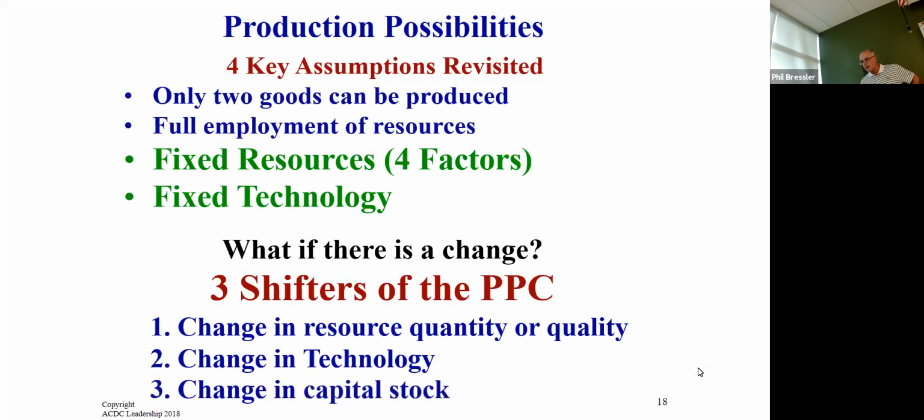Here's what I want. The three shifters of the production possibilities curve: change in resource quantity or quality. Now, humans are a resource, so if more people are going to college, we're changing the quality of the resource, and that's human capital. Change in technology. Change in capital stock.